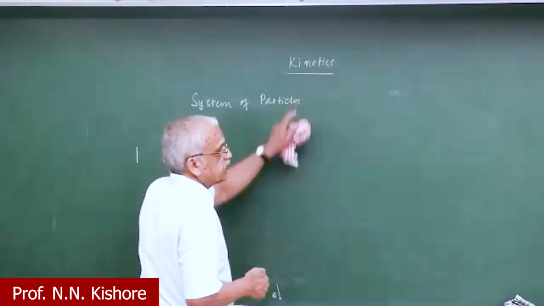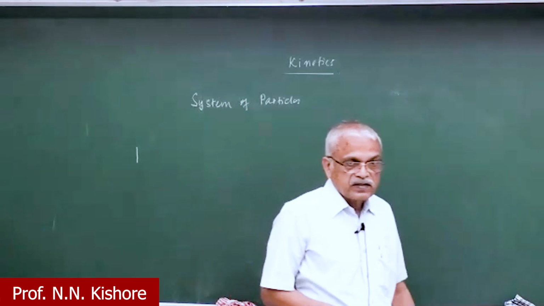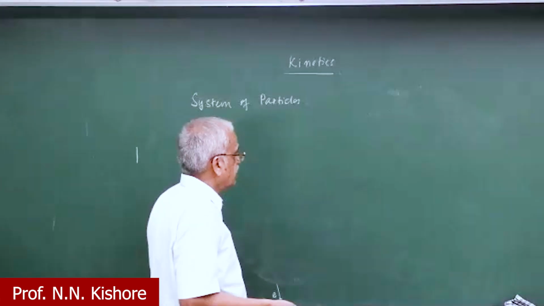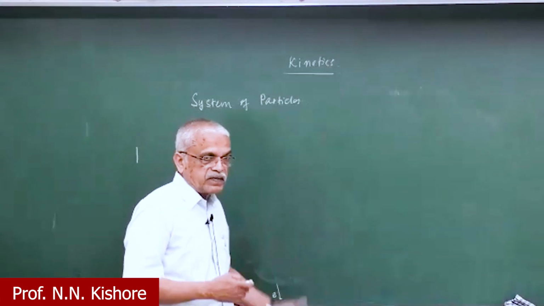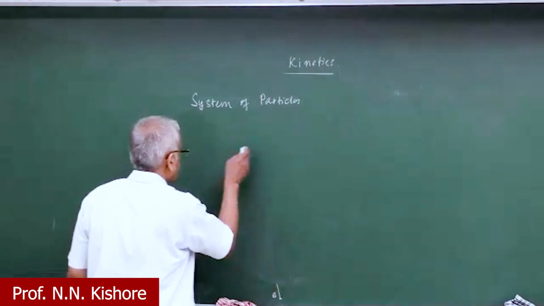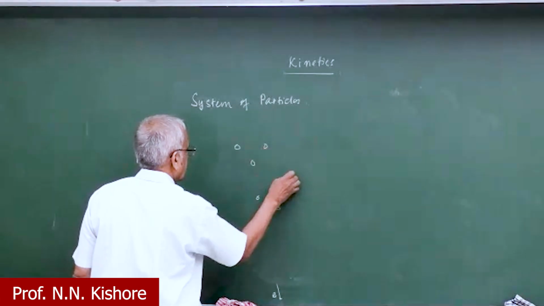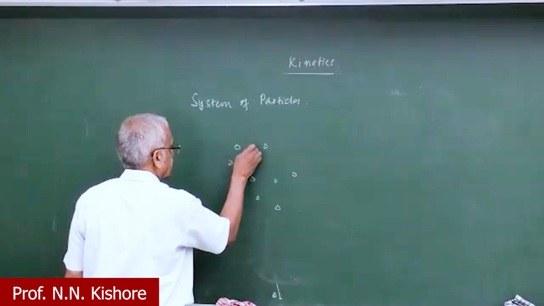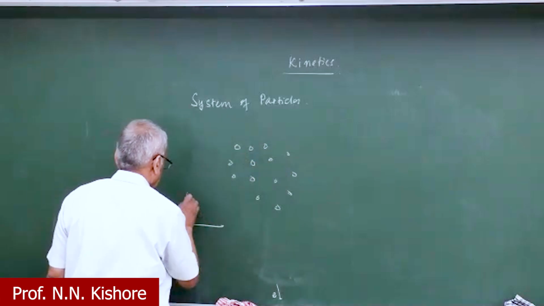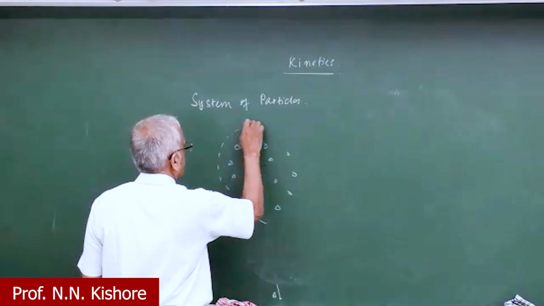and let us say the ith particle is acted upon by a force Fi. Though the particles seem to be independent, they can apply forces on each other in a mutual manner. So there are mutual internal forces that act on each pair of particles.